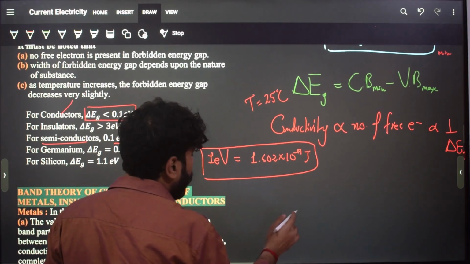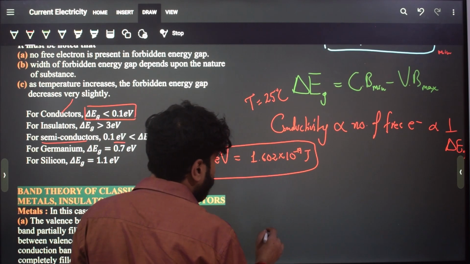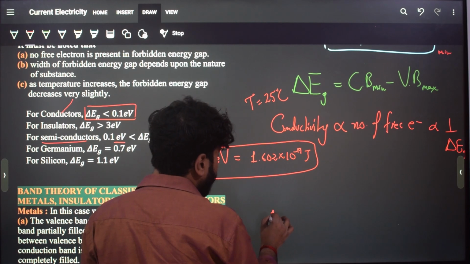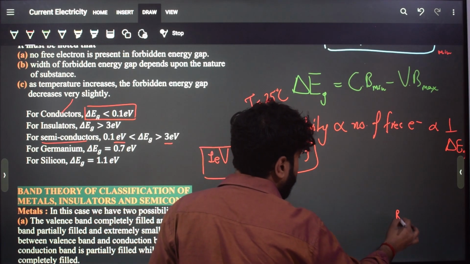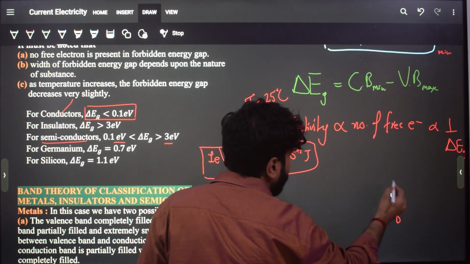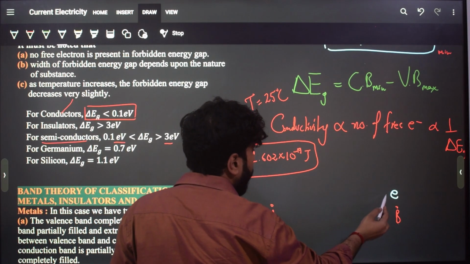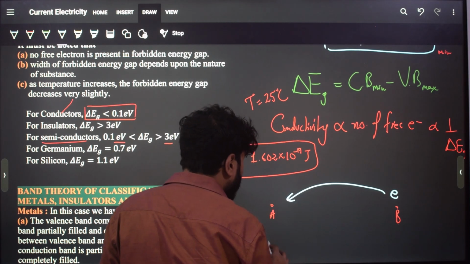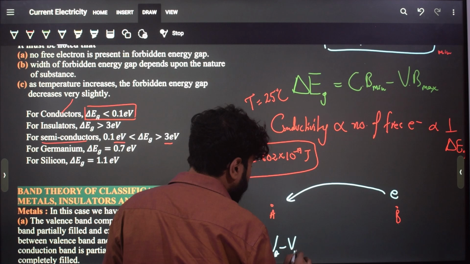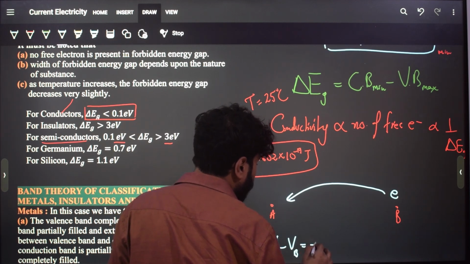And what is 1 electron volt? You can understand it like this also. If you have point A and point B, imagine an electron at B, and you are bringing the electron from B to A, and the potential difference between them is 1 volt.